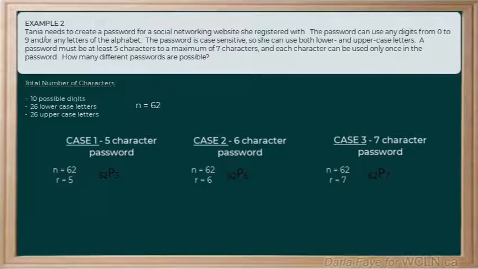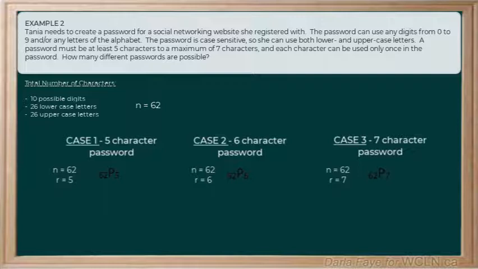Now, if we think back to our work with the fundamental counting principle, we know that when we see that keyword or, we have to add up all of the different scenarios. So I'm going to figure out the total number of permutations for case 1, case 2, and case 3, and then I'm going to add them up at the end.